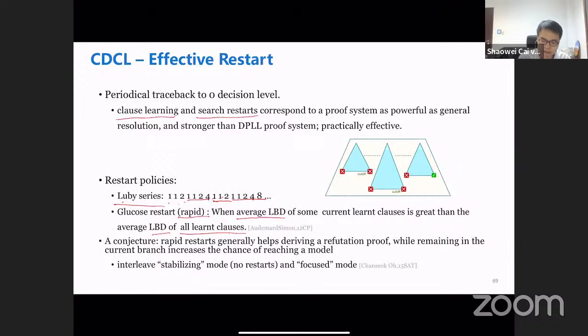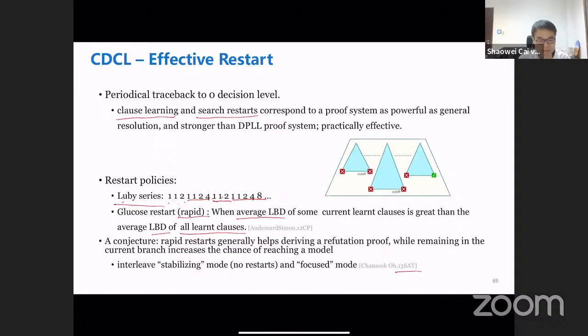And an important observation in recent years, in 2015, is that Chen Xiao did some experiments and found that glucose restart generally is useful for solving UNSAT formulas, while Luby restart is useful for solving SAT formulas.